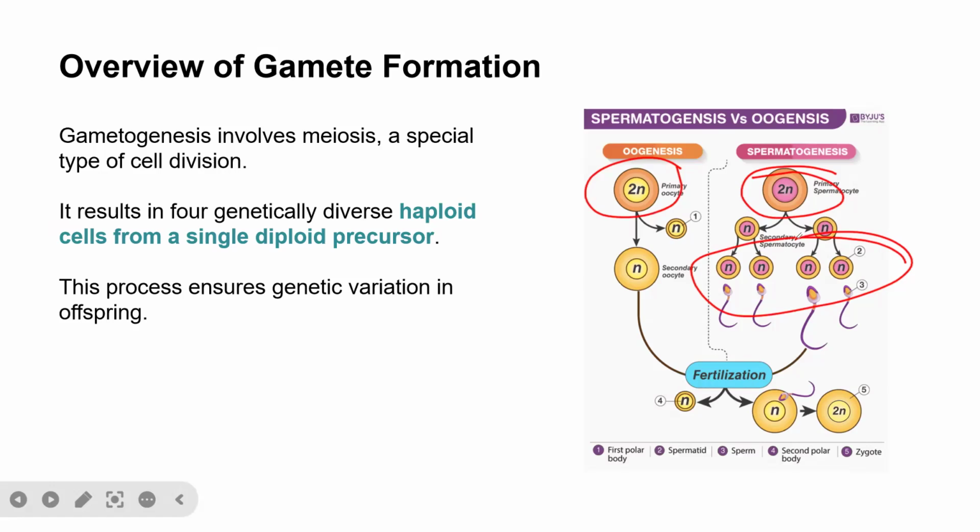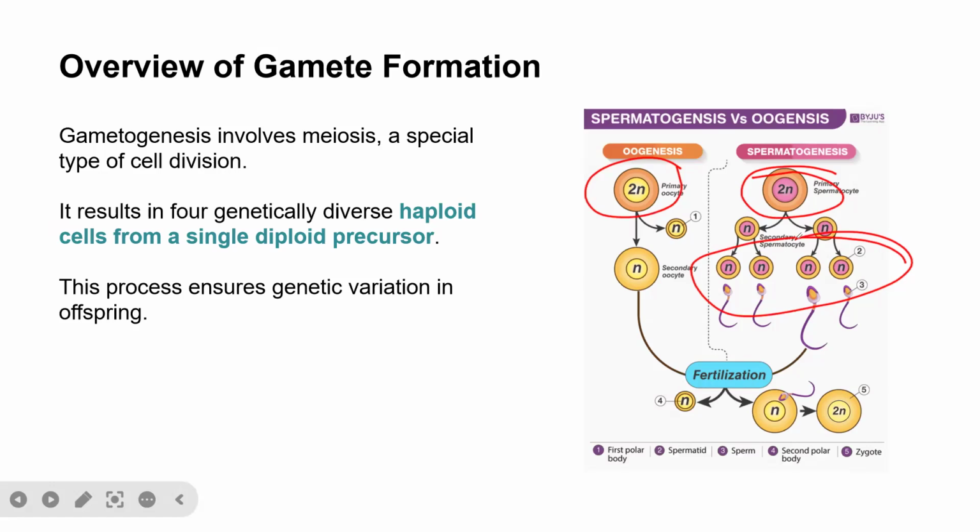And then third, which is the end product, is called sperm. And then the second polar body, which is N also, from the zygote, and then from the sperm, they will come together. After the fertilization, a zygote will be generated.